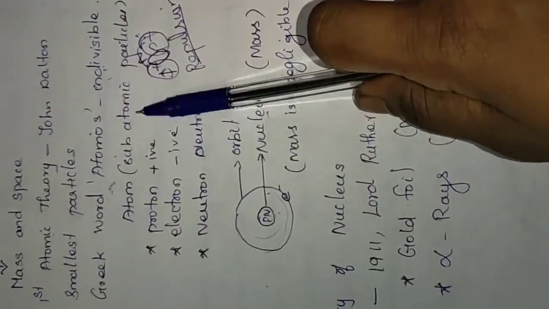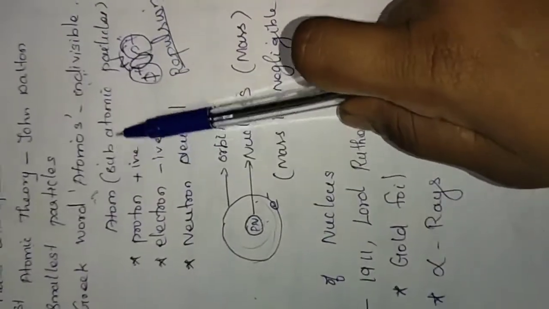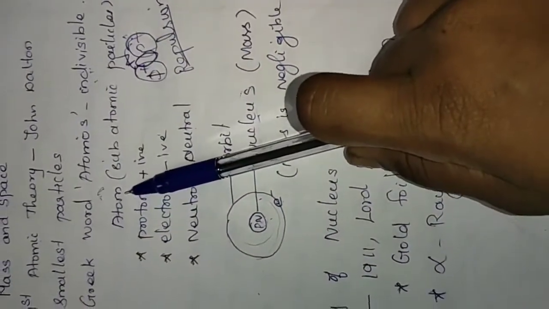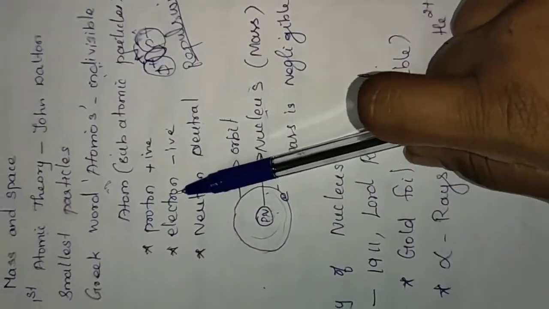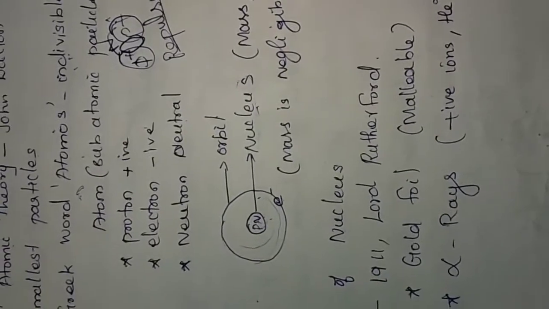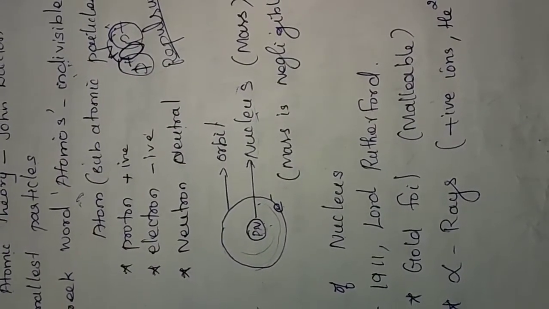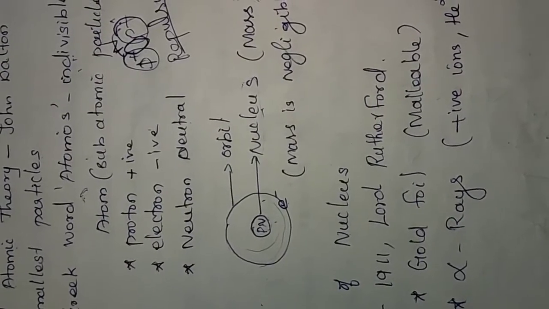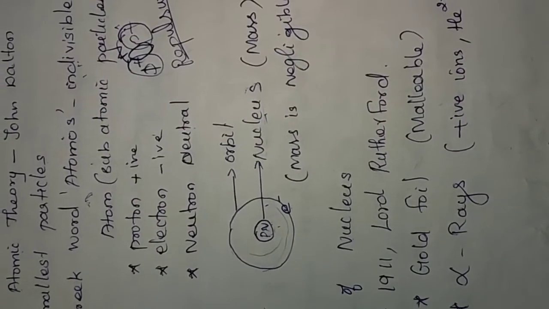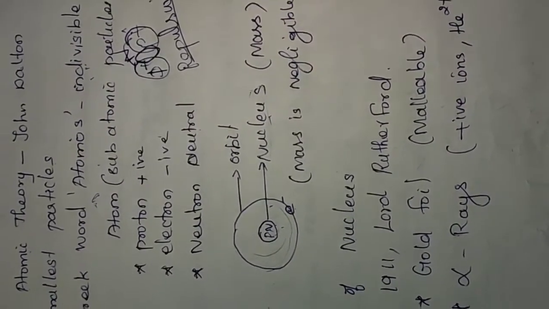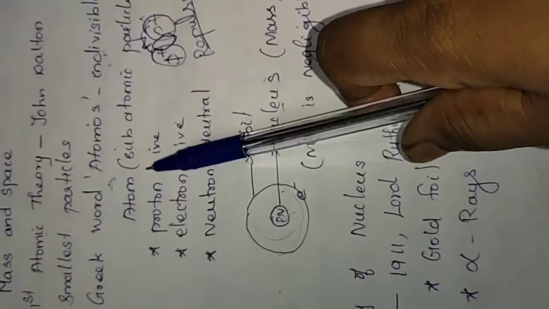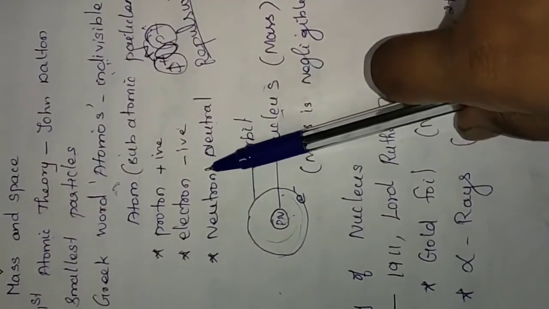Atom has subatomic particles: proton, electron and neutron. Protons are positively charged, electrons are negatively charged and neutrons are neutral. These three are the important subatomic particles.